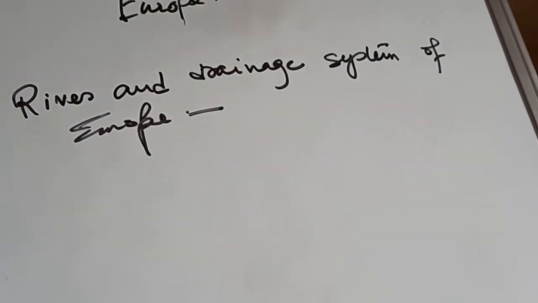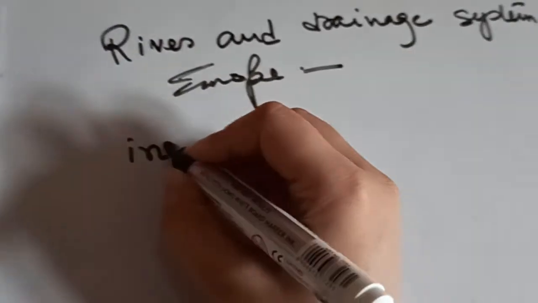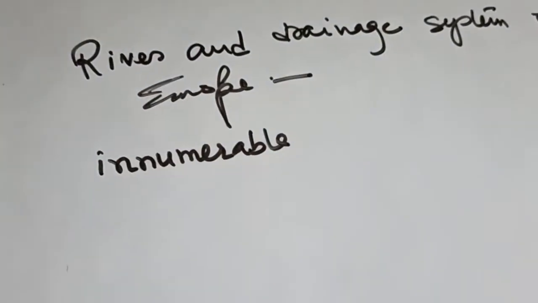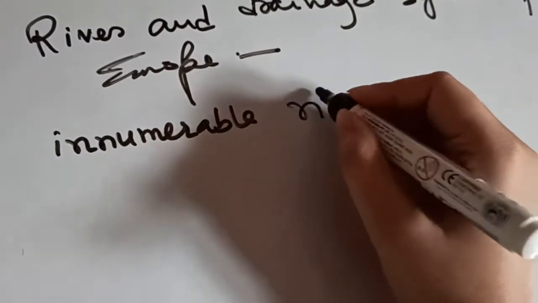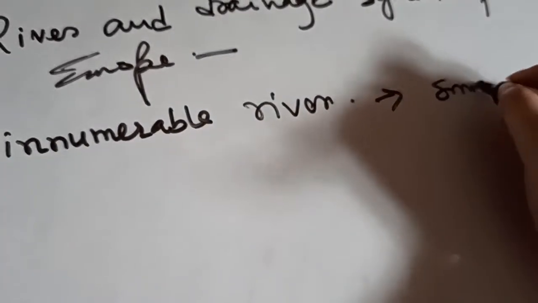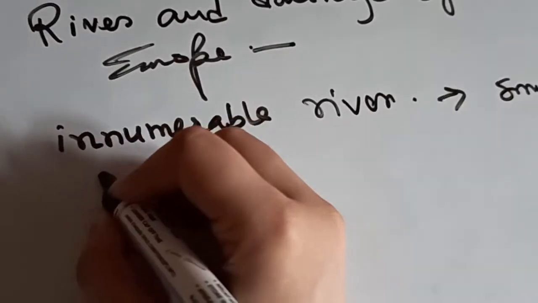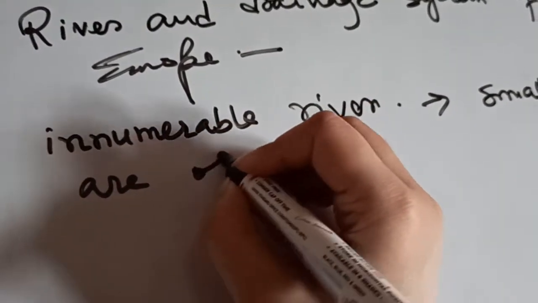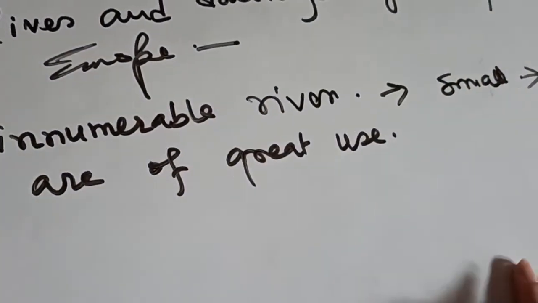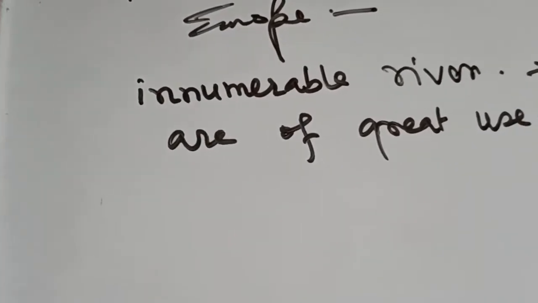Okay, so Europe has innumerable rivers, and most of them are very small, but they are of great use. The rivers of Europe are classified into three sections.